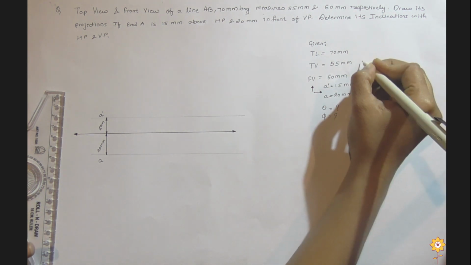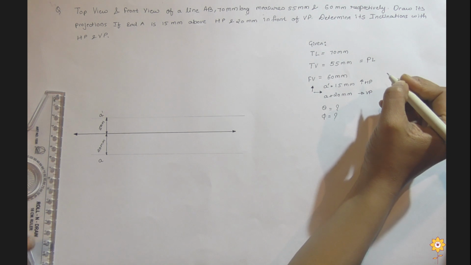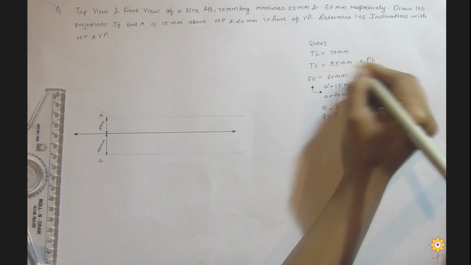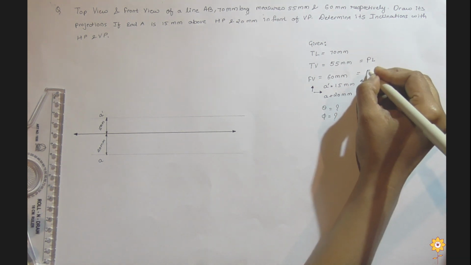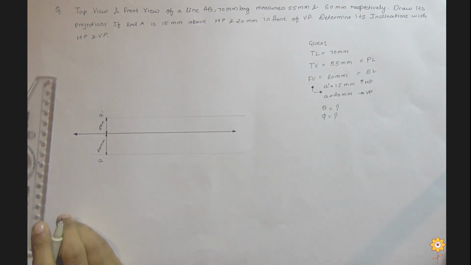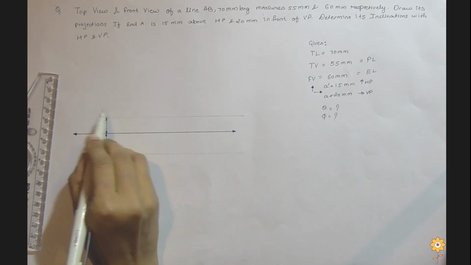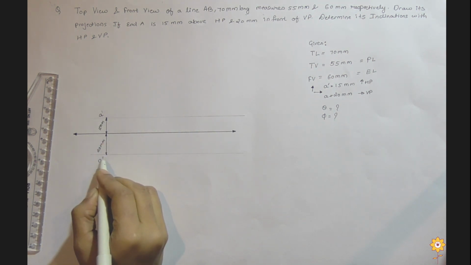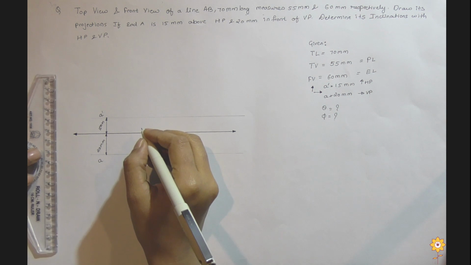The top view is also called the plan length, and the plan length and the top view length are always equal, and the front view would be the elevation. The plan length is on the locus of A, and the elevation is on the locus of A dash. So I'll mark my plan length and elevation length accordingly.